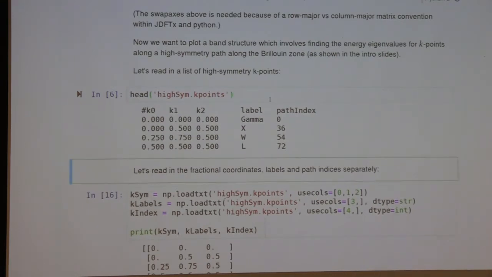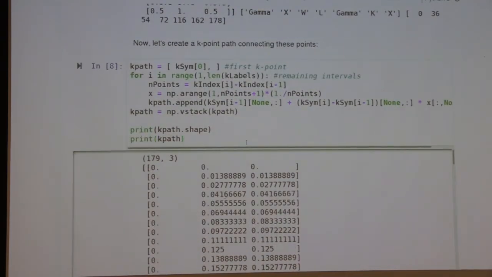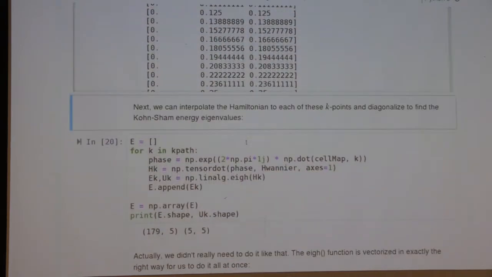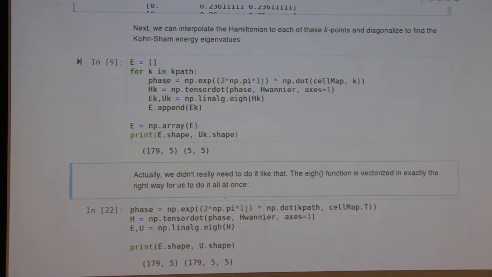Then we loaded up a high symmetry k-point path, which consisted of points that are on those vertices or edges of the Brillouin zone, labels associated with them for the band structure, and how many points to put together. Right? We loaded that up, and then we constructed the k-point path, which we would use for the band structure. And then finally, we looked at Fourier transforming the Wannier Hamiltonian to points along that k-point path, diagonalizing it to get the energy eigenvalues.